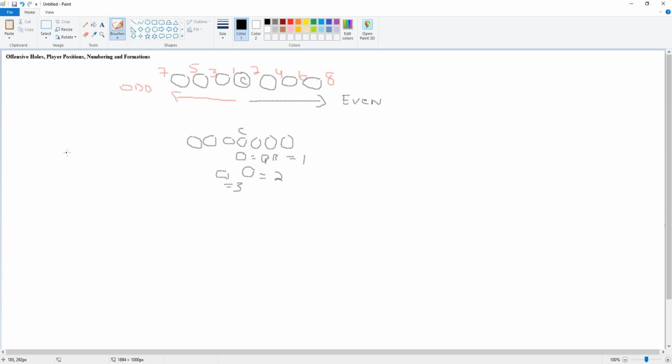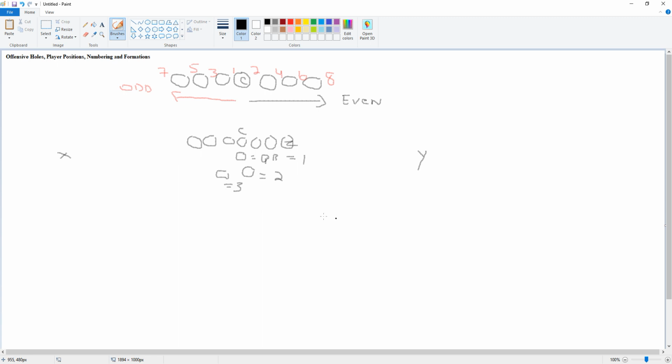This is always X over here. Y is right here. And then our tight end, whether he's on the right or the left, we always call him Z. Okay? So, quick review. QB's 1, tailback 2, fullback 3. X over here, Y.